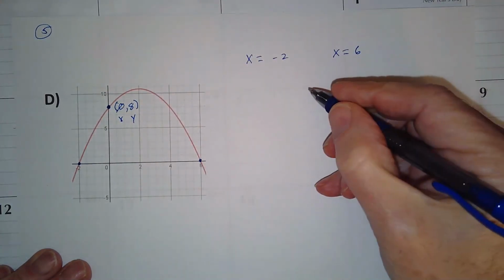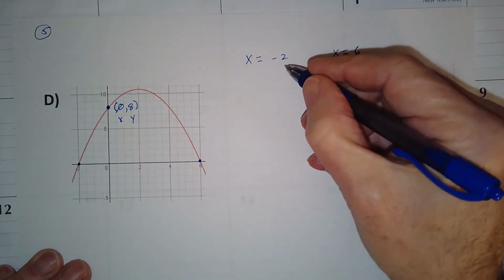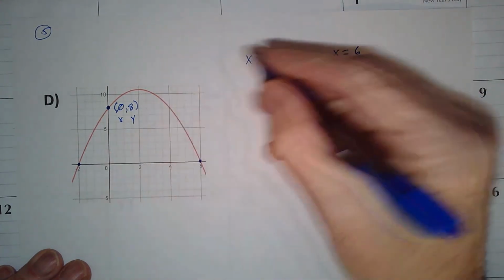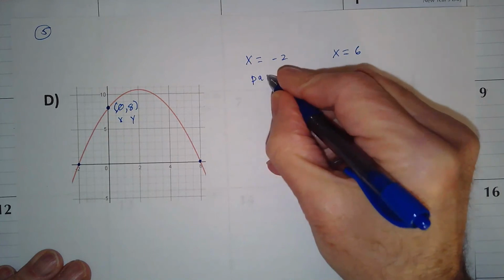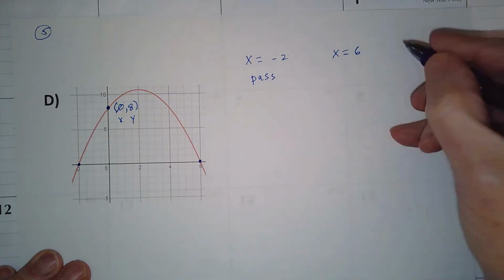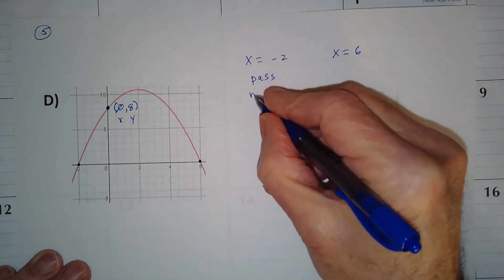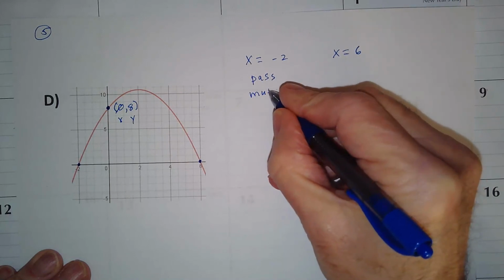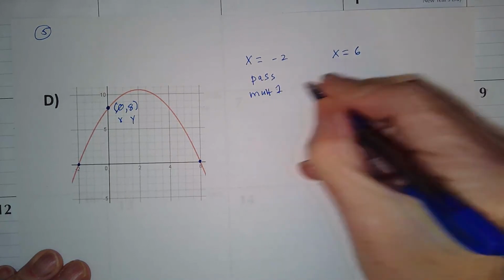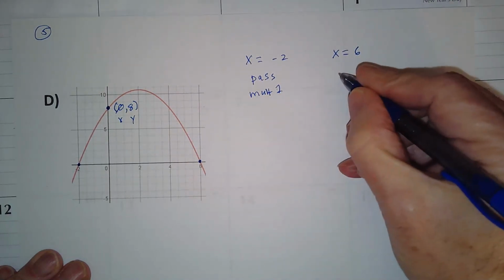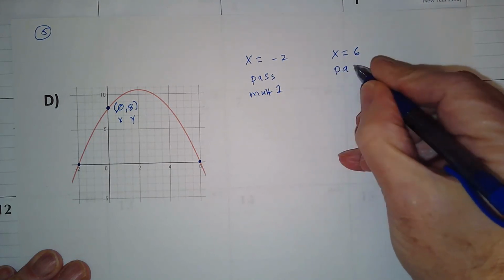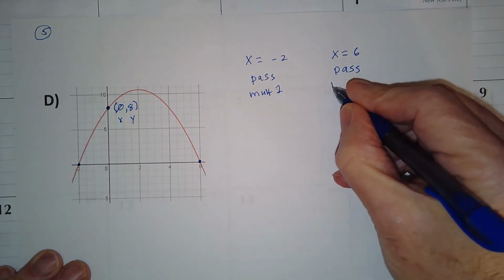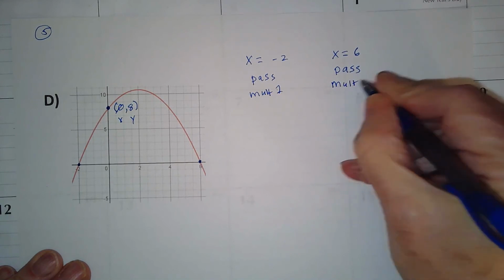All right. So x is -2. It passes through, so it's got to be a multiplicity of 1. And then over here, it's also a pass. X is 6. So that's also a multiplicity of 1.